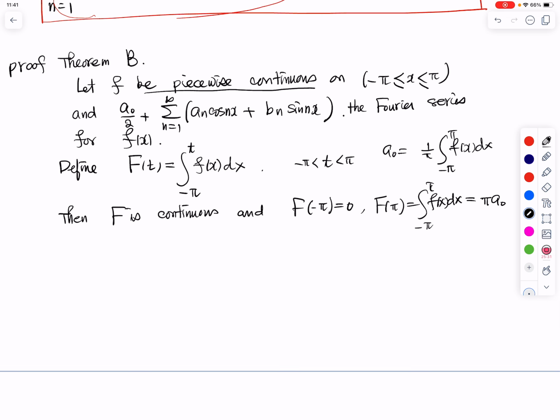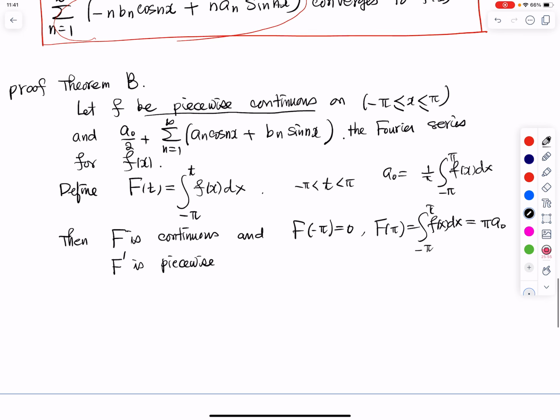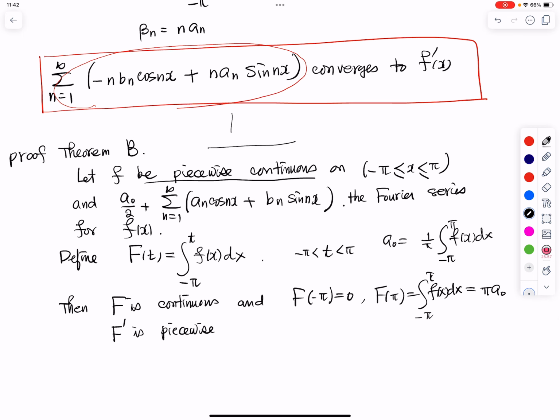And also, let's see, f is piecewise continuous, and you can also show that F prime is piecewise continuous. Piecewise continuous means, suppose you have a function on minus pi to pi that is piecewise continuous.